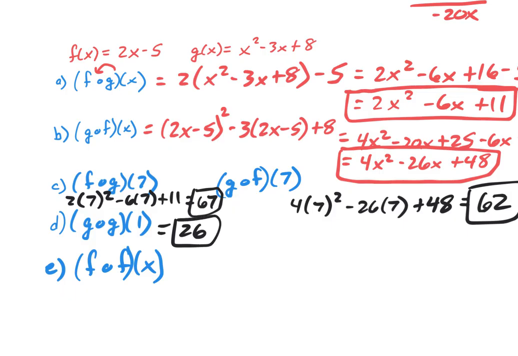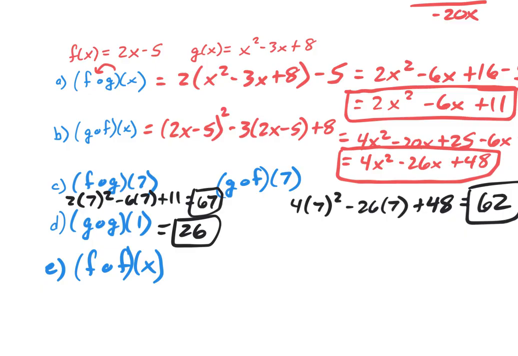On this one, you could do a couple of different things. You could take G and plug it into itself, but that's going to be kind of hard to do. So the best way to do this one is to plug in the number, evaluate it, and go through the math. You can do it as 2 separate problems. Any questions on that one? Does that kind of make sense?